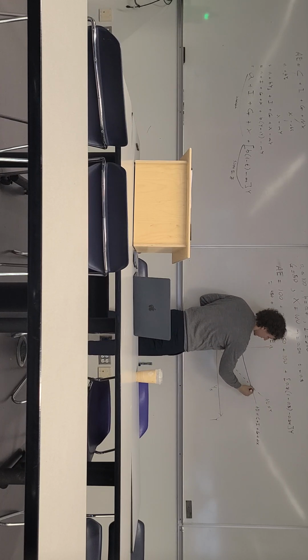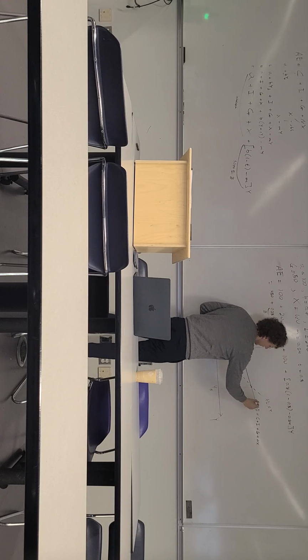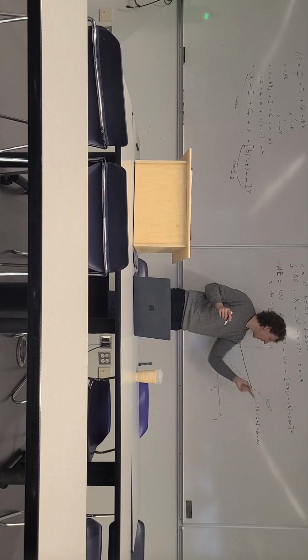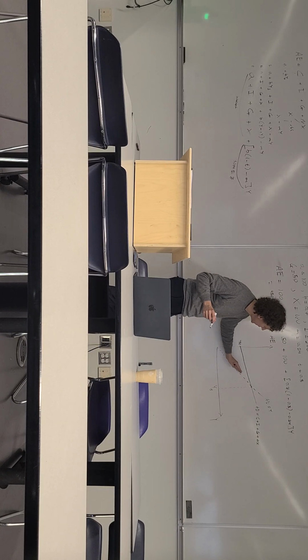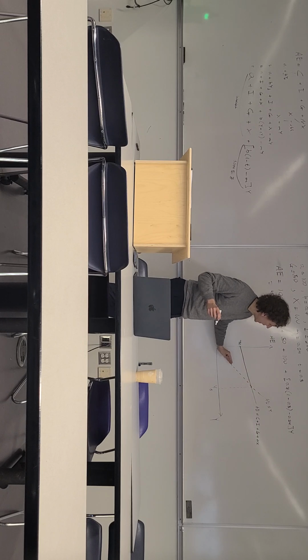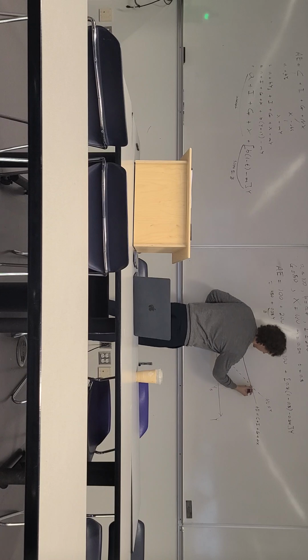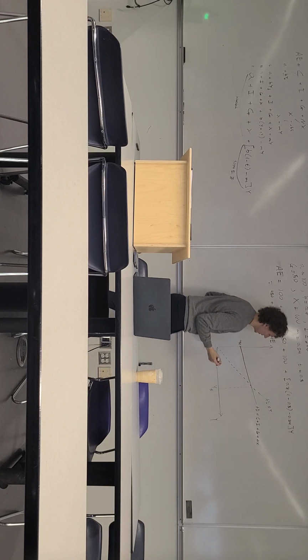This line is telling us all of the sets of aggregate expenditure, for each level of income, what is the desired aggregate expenditure. And this line is telling us what levels of aggregate expenditure are equal to national income. That's why we're looking at the intersection of them to find our equilibrium.